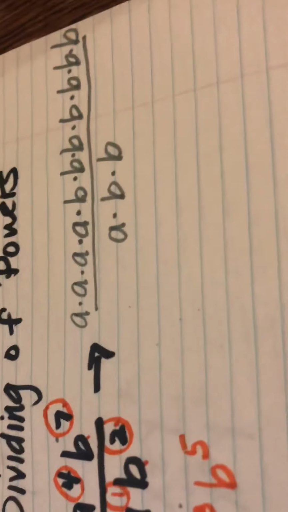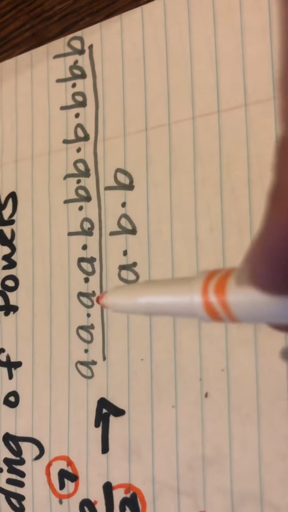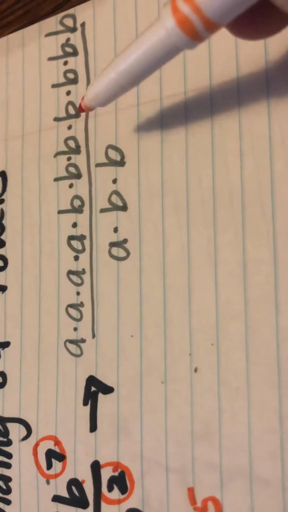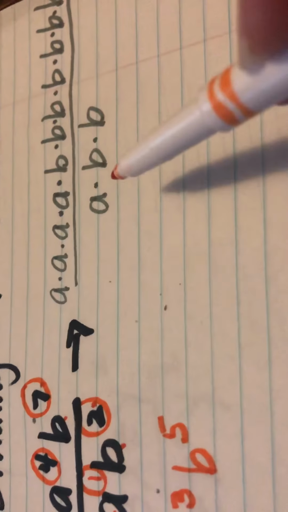So over here, I kind of broke it apart because I wanted to show you why we're subtracting. So when I broke apart a to the 4th power, we have a times a times a times a, and b to the 7th power was b times b times b times b times b times b times b, divided by a times b times b, because b times b is b squared.